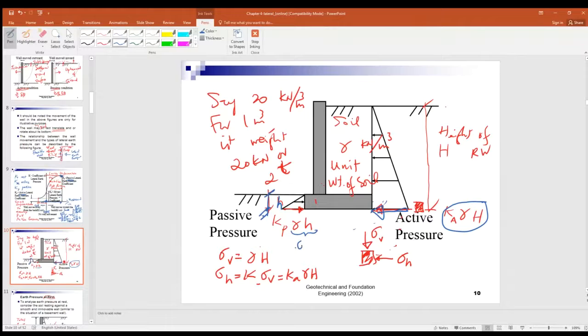The gamma h, small h, right? Is the vertical stress here. And you have to multiply Kp, right? Kp times the sigma v to give you the passive pressure. So Kp times gamma h.